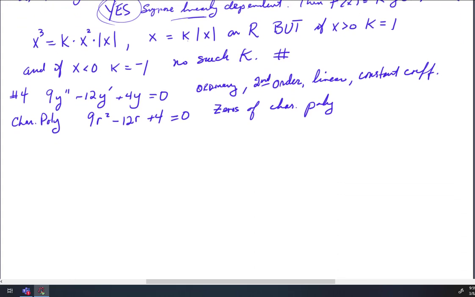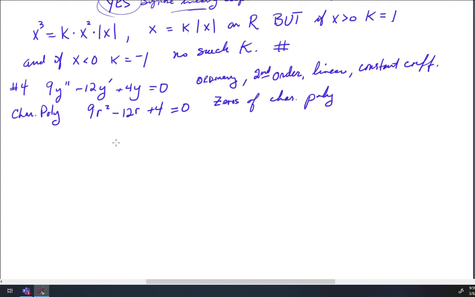And of course, it's not necessary that you factor the characteristic polynomial, but very often that's going to be the easiest way to find zeros. And so I look at this, and maybe a little trial and error, I come up with 3r minus 2, 3r minus 2 equals 0 by factoring this.